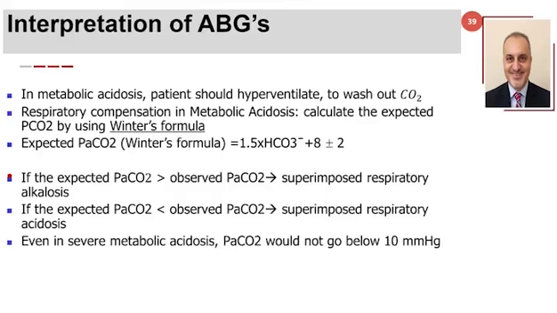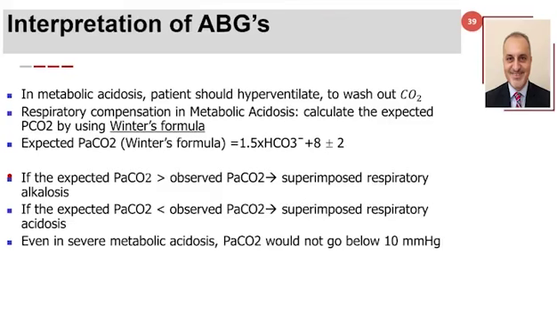If your expected PCO2 is more than the observed, then you have superimposed respiratory alkalosis. For instance, if your expected is 30 and observed or actual is 40, then you are doing a very good job below the expected and you have respiratory alkalosis. If your expected is less than your observed, then you have a respiratory acidosis. I have an example later on.